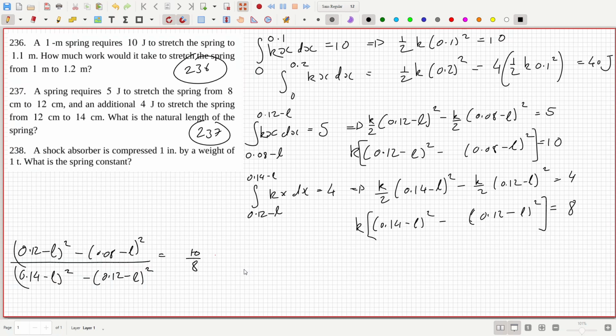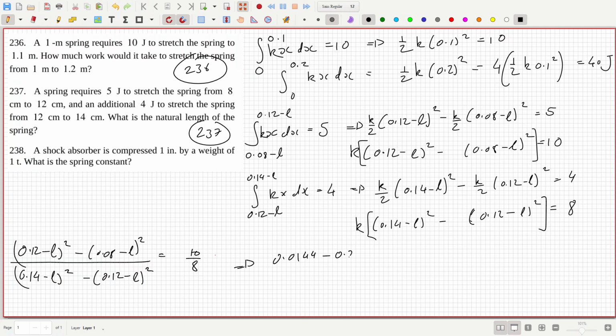But I've got to expand. Is there any sneaky way? I don't think so. All right, let's expand.